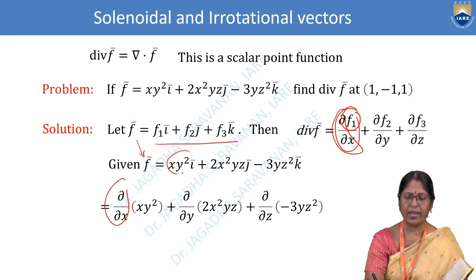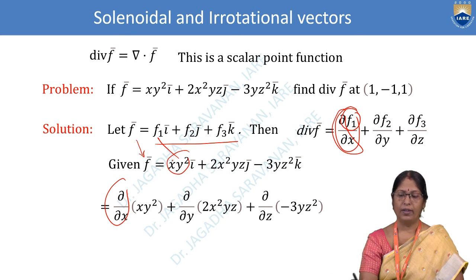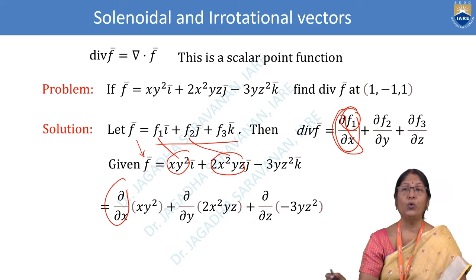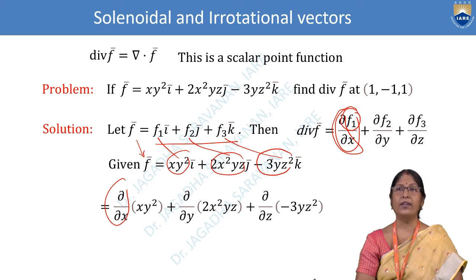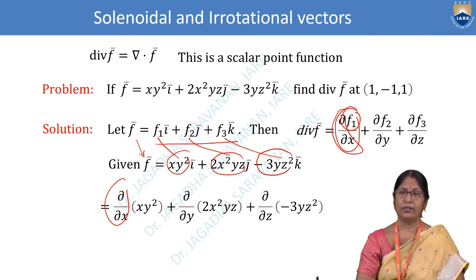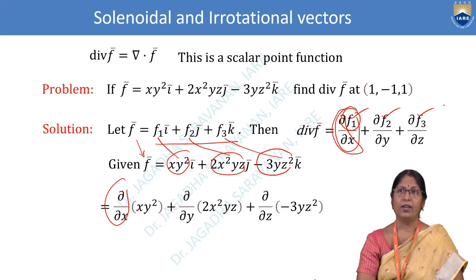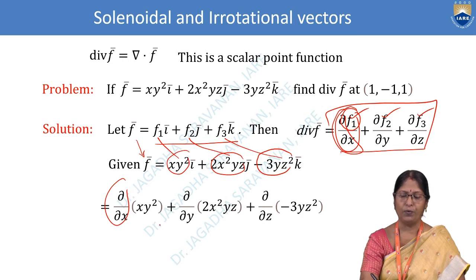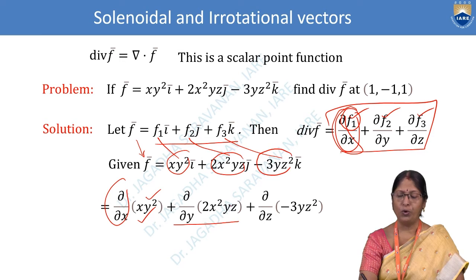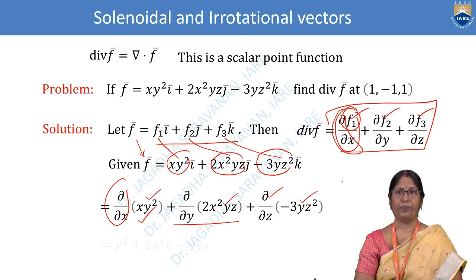So f1 is playing the role of xy square, f2 is playing the role of 2x square yz, and f3 is playing the role of minus 3yz square. Thus f1, f2, f3 are substituted in this formula. After substituting, we get dou by dou x of xy square plus dou by dou y of 2x square yz plus dou by dou z of minus 3yz square.